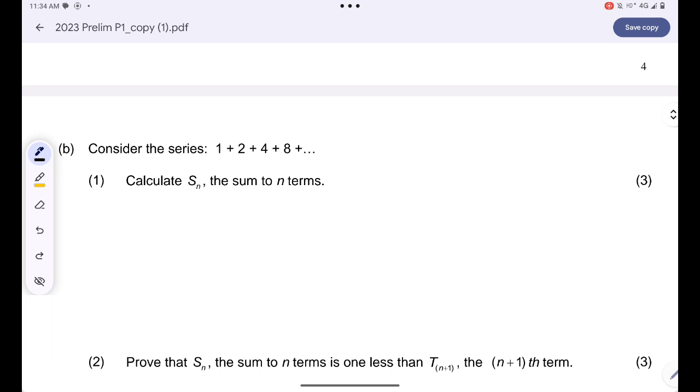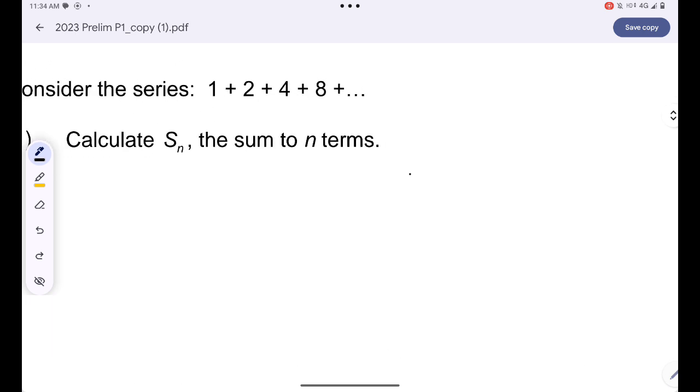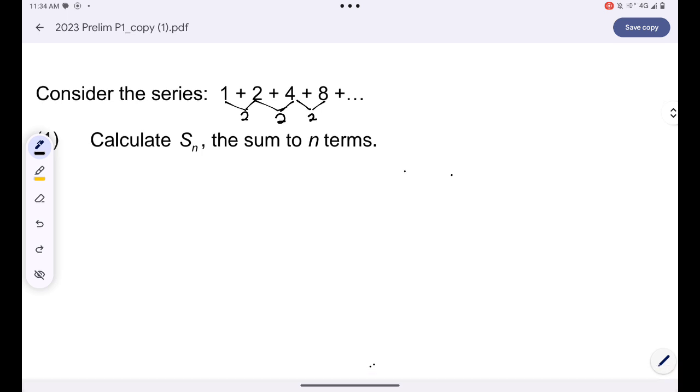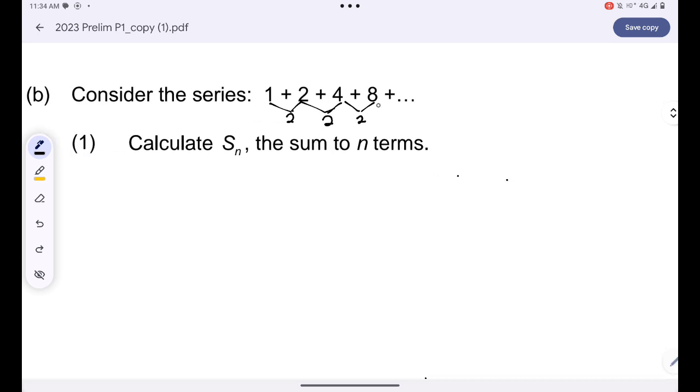Because we have a common ratio: 2 divided by 1 gives us 2, 4 divided by 2, I still have a 2, 8 divided by 2 will also give me a 2. Are you together? So the next term would have been 16.